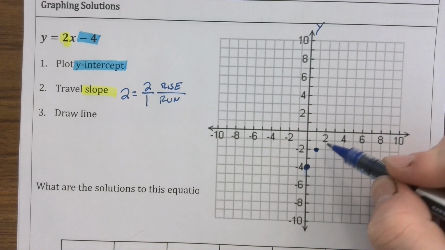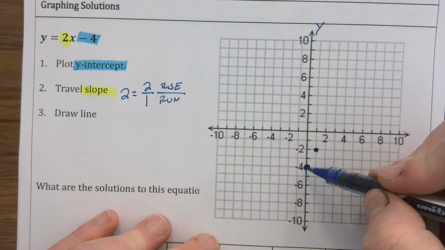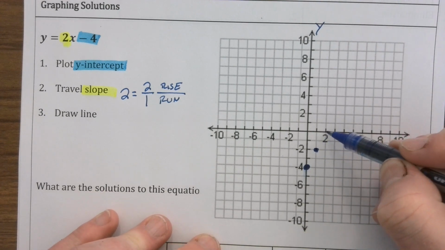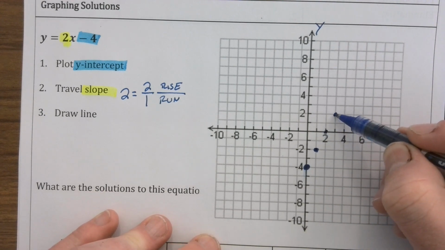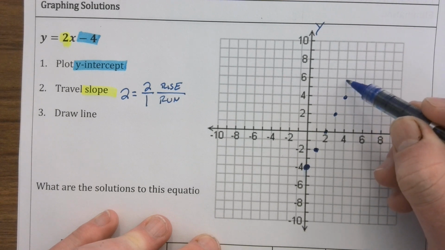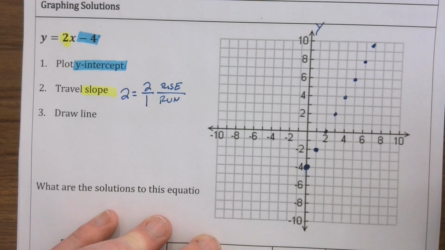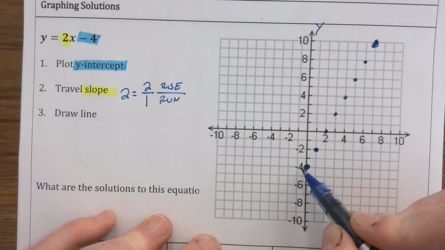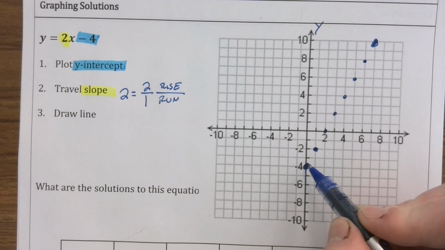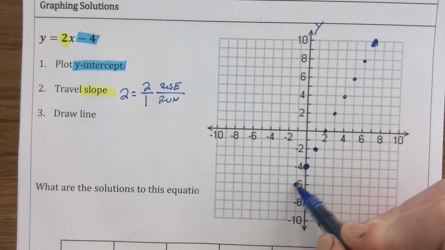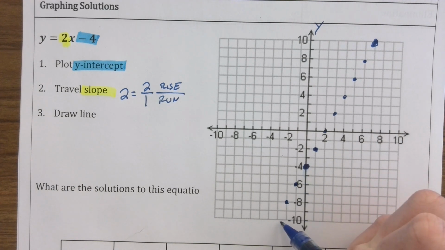Technically, I could go ahead and connect these, but I want to get some more points in there. So I'm going to go up 2 over 1, up 2 over 1, and notice it's a pattern. Oops, that one's a little wonky. Over here, if I'm going the other direction, I'm just going to go down to left 1 and keep going.